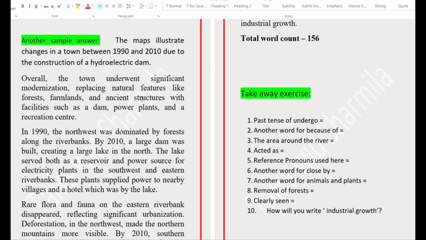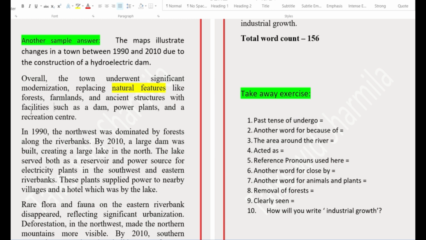To describe this, we have used the contextual word natural features, with facilities, which is together. So what are the options and what are the amenities we are getting? We are calling it facilities.